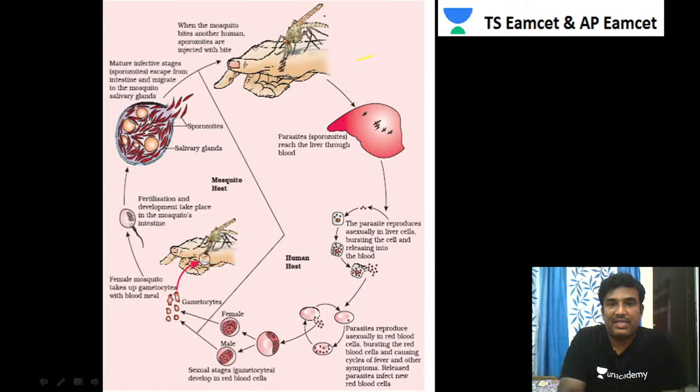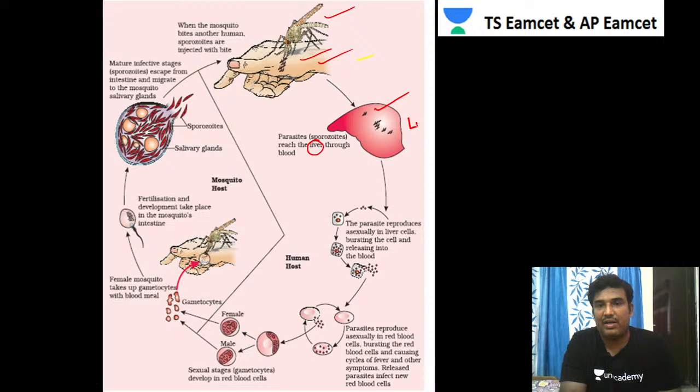You can see here the mosquito bites. When the mosquito bites the person, the mosquito is releasing sporozoites into a healthy human being. The sporozoites migrate through the blood and reach the liver.